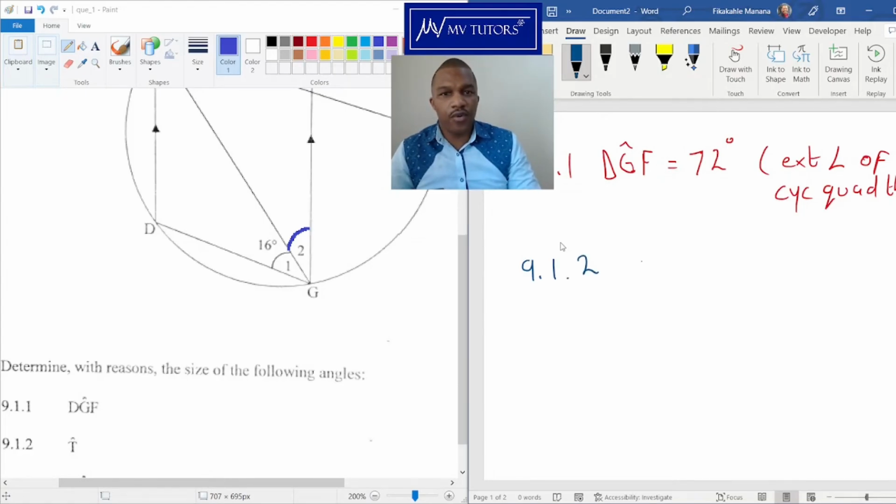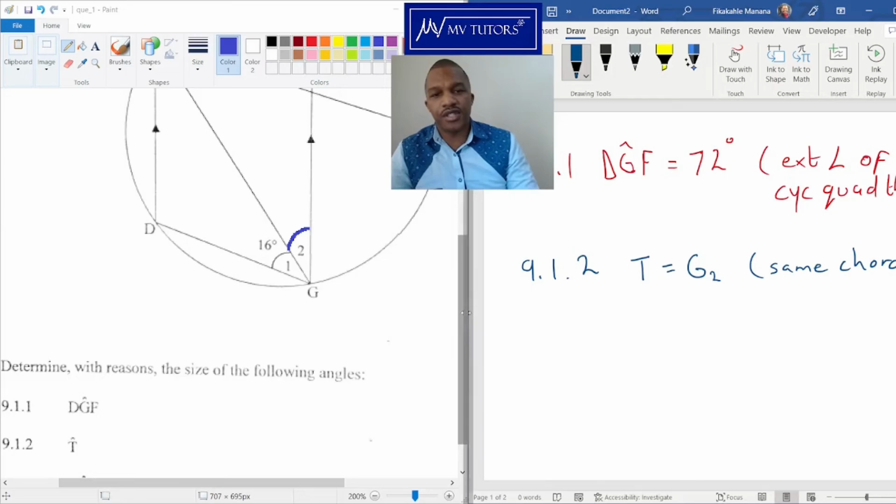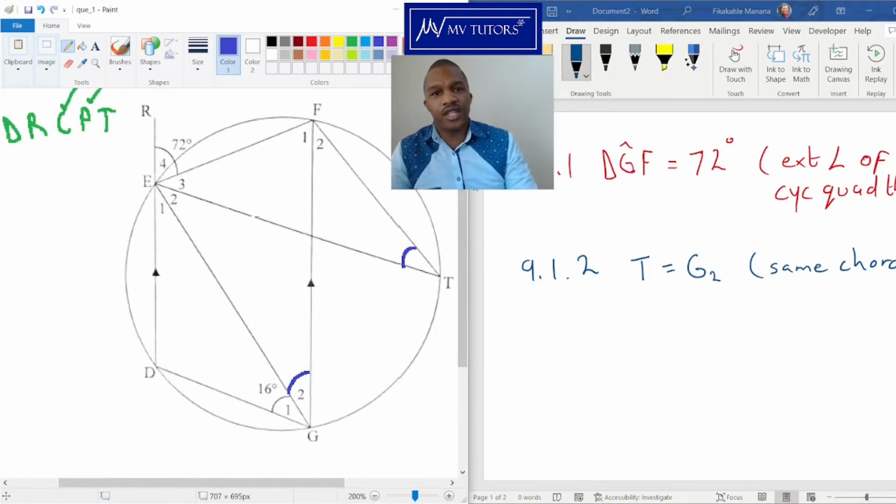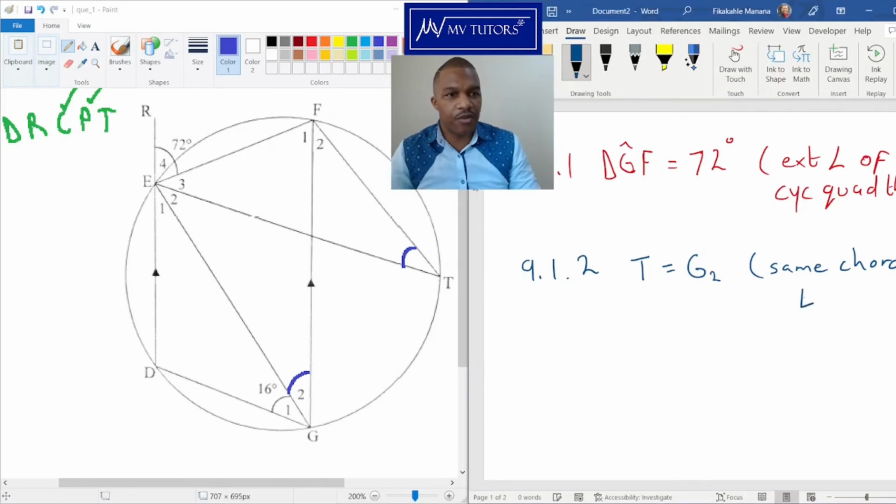So first of all, we can say the angle T is equals to G2, and the reason is same chord. Now if you're gonna give this reasoning, you need to also give the chord. What is the chord? EF. Same chord, EF. Right? Done. And then we can go solve for G2 now.